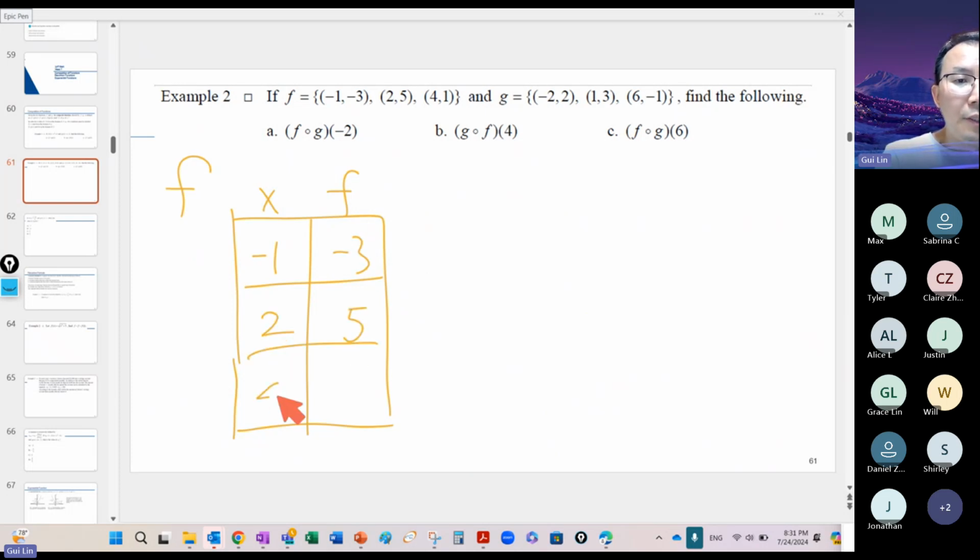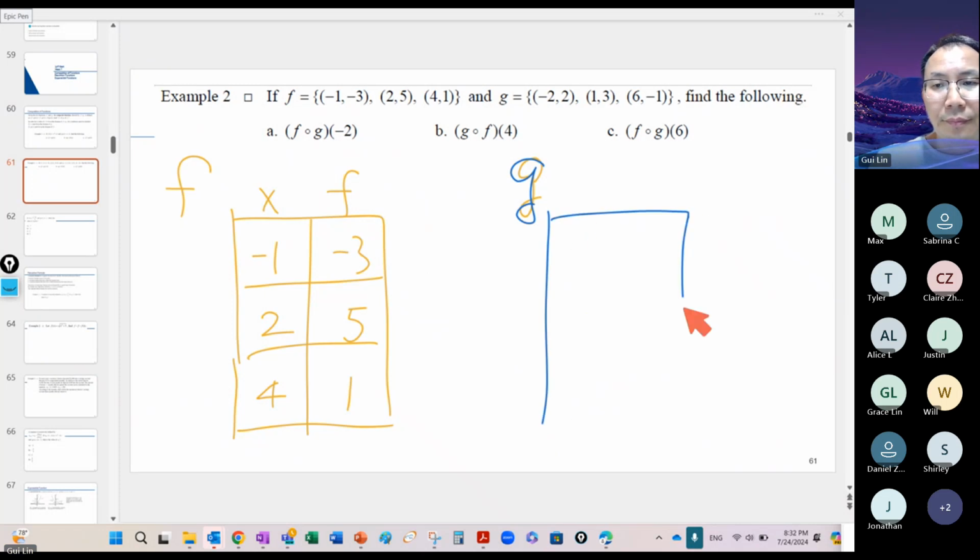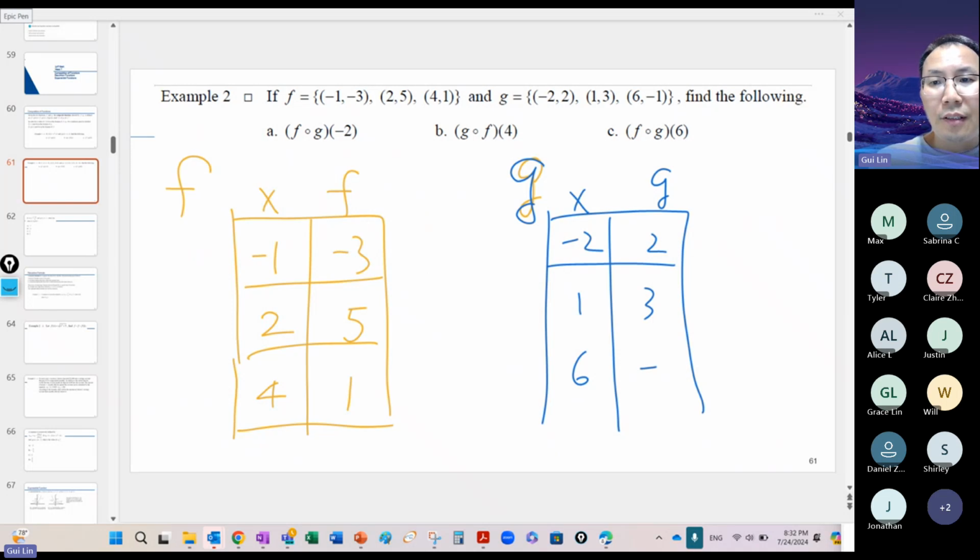If x is 4, you get 1. What about g? Let me change the color. So x and g. Okay. If -2, you get 2. If 1, you get 3. If 6, you get -1. Right? That's all we provided.